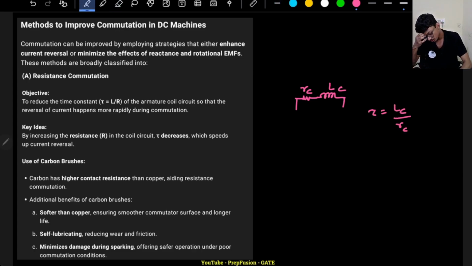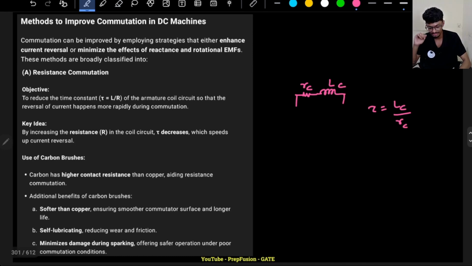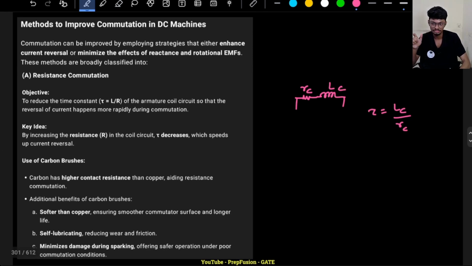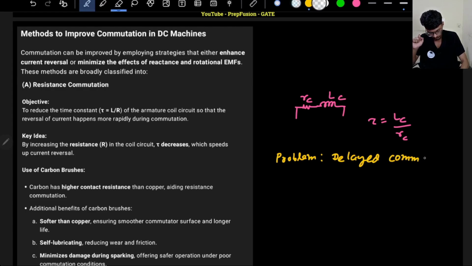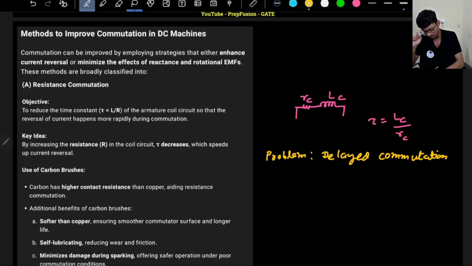Because there is the problem of delayed commutation, because current reversal happens slowly, I can make my circuit faster.